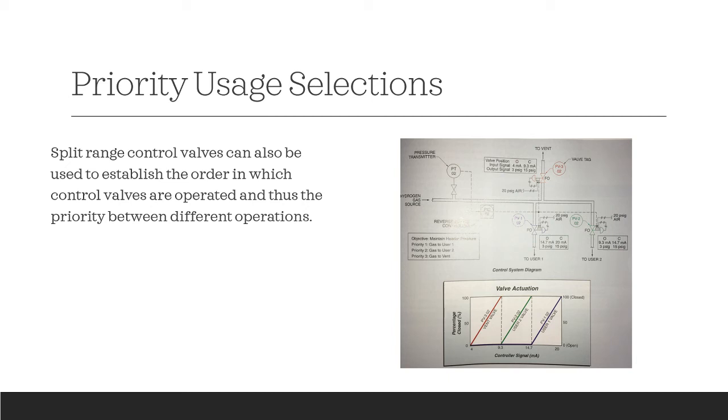Even if the controller is just barely on, it's going to turn on that valve. Whenever the amperage increases, it's going to open the valve for user 2, and then once it maxes out, between 14.7 and 20 milliamps, it's going to open the user 1 valve.